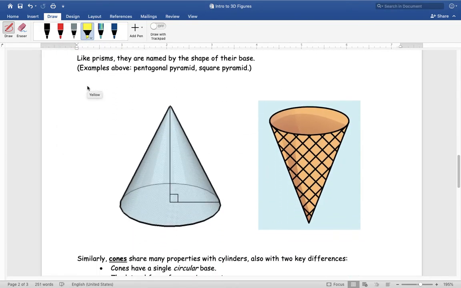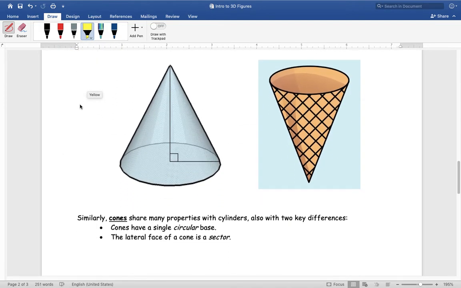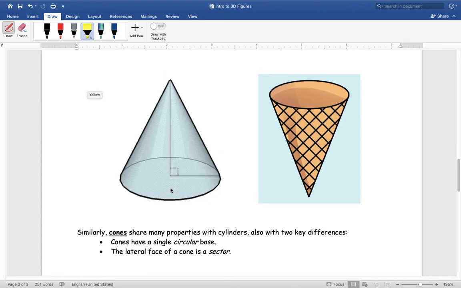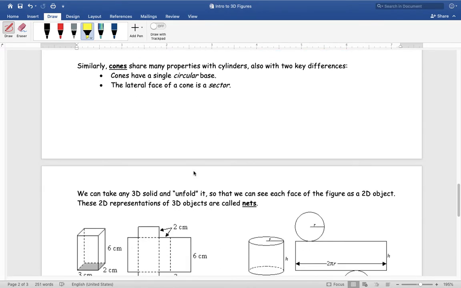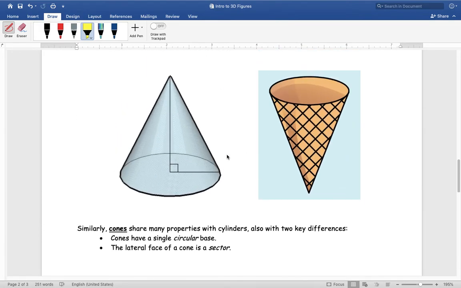And that brings us to the last type of 3D solid we'll be talking about today, at least introducing, and that's a cone. Now, cones have some properties in common with cylinders, just like pyramids had properties in common with prisms. Each cone, no matter whether it's an ice cream cone this way or a party hat or whatever you want to call it, has a single base which is circular.